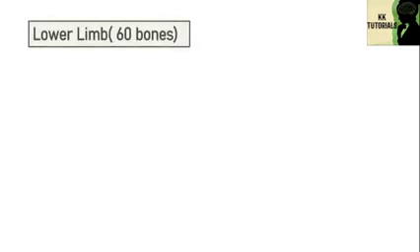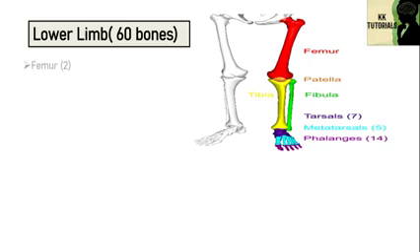Then the last part of the appendicular skeleton is the lower limb. It consists of the femur, the bone in the thigh, shown in red color; the patella, that is the kneecap; the tibia, the shin bone, the larger of the 2 leg bones located below the kneecap, shown in yellow color.